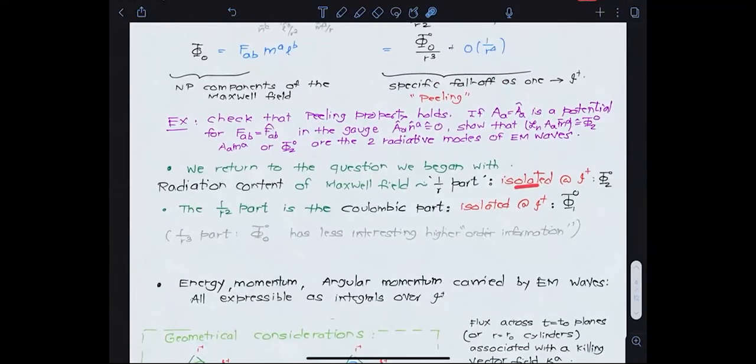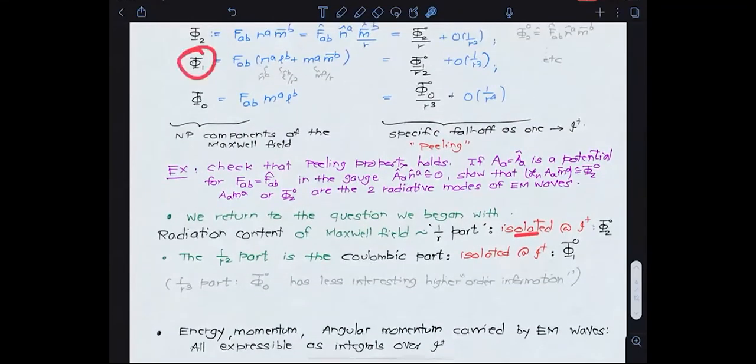This part, phi 1, is phi 1 naught upon R squared, and therefore you would imagine this to be the Coulombic part, because the charge is always obtained by taking E dot dS and taking the integral, and similarly magnetic charge will be B dot dS and taking the integral. Magnetic charge generally vanishes, but you've got the electric charge in general.